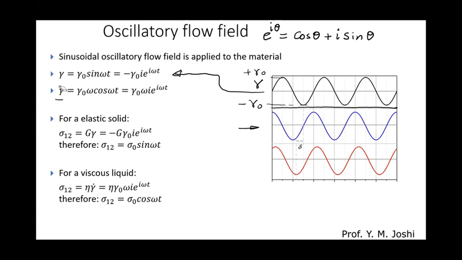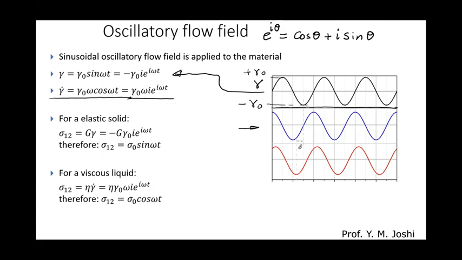One is simply the derivative of the other. All right. So when you apply gamma equal to gamma 0 sine omega t, at the same time, you're also applying gamma dot equal to gamma 0 omega cos omega t in the material. All right. So it's as simple as that. We have also represented it in the complex form, which is gamma 0 omega i e to the power i omega t. All right. So this is the flow field the material is subjected to.